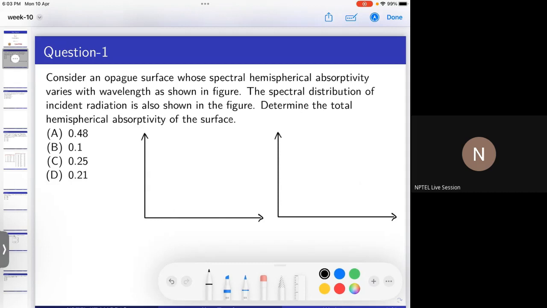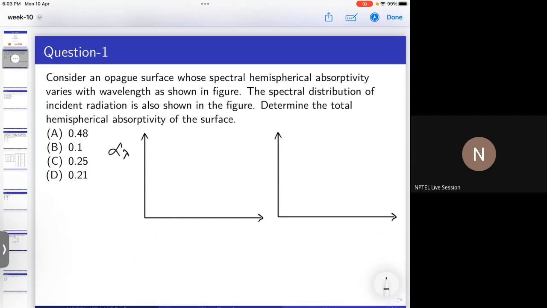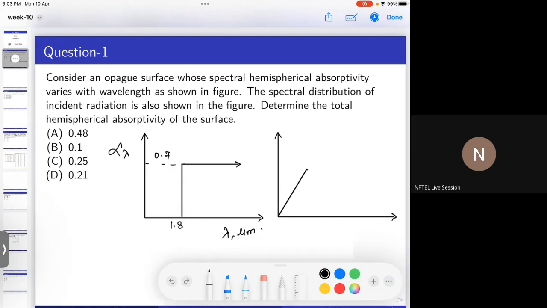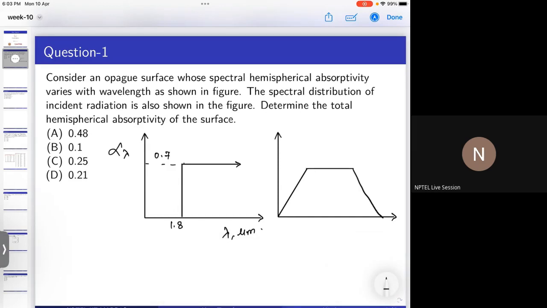The first is the graph between absorptivity and lambda. This is E lambda, which is 4 meter square.